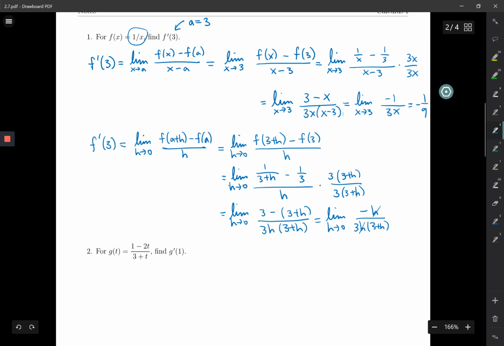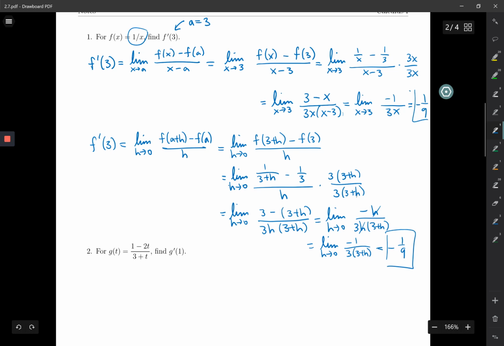So these h's will cancel, and we will get the limit as h goes to 0 of negative 1 over 3 times 3 plus h. So we can just go ahead and plug in 0, and we don't get 0 in the denominator, and everything works out, and we get negative 1/9 again. So that's good.